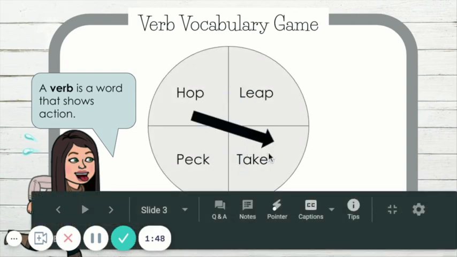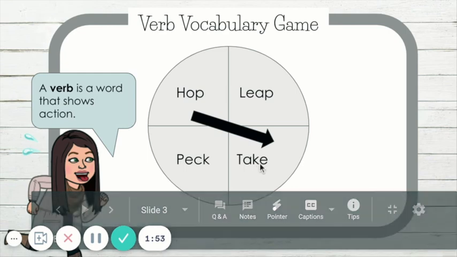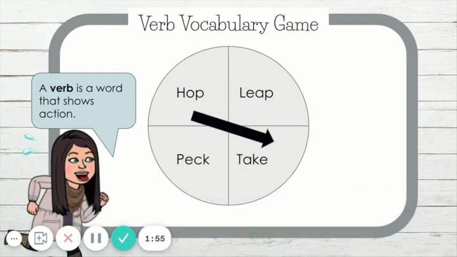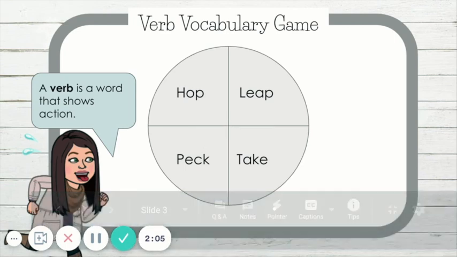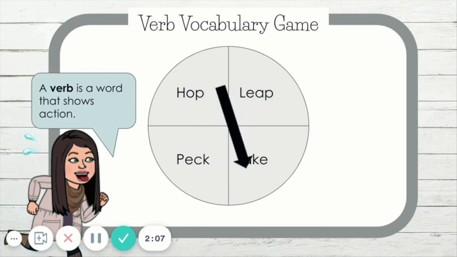We landed on take. Read that verb with me. Take. Can you act out that word by pretending to take something? Good job. Let's spin it again. We got peck.